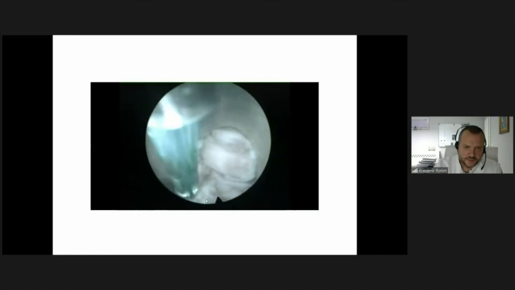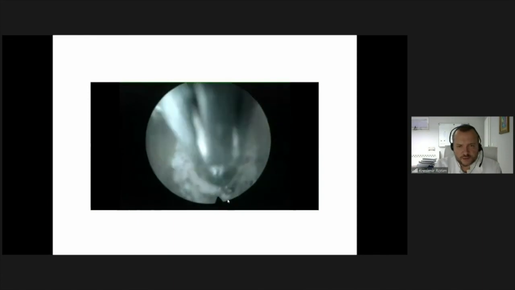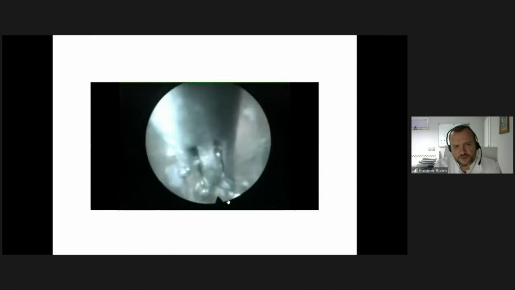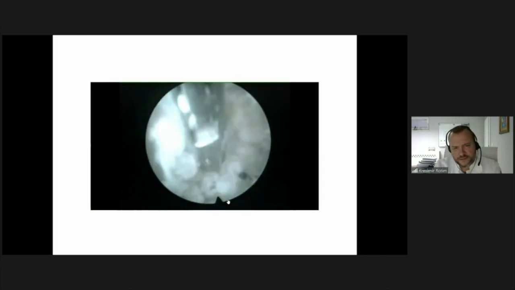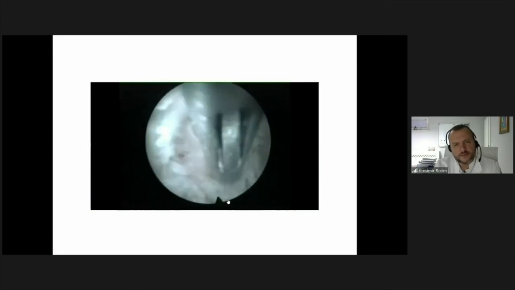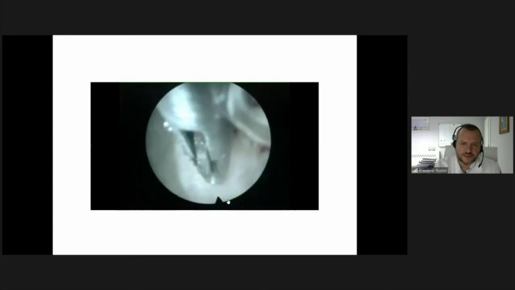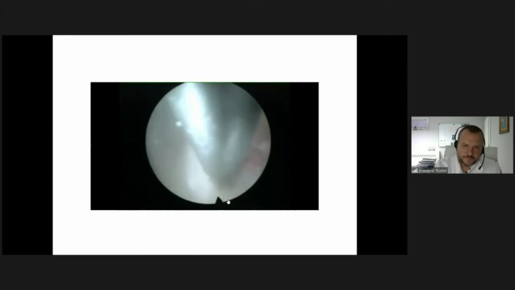Let me just see if I can speed it up a little bit. So now we are approaching it. We are removing the yellow ligament, the ligamentum flavum, and we are soon going to get to the spinal canal.